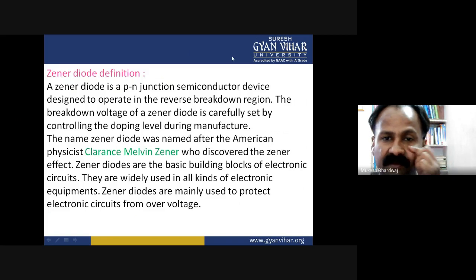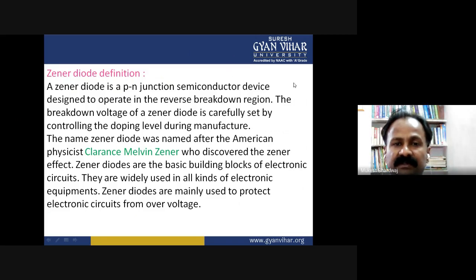Zener diode definition. A Zener diode is a PN junction semiconductor device designed to operate in the reverse breakdown region. The breakdown voltage of a Zener diode is carefully set by controlling the doping level during manufacture.